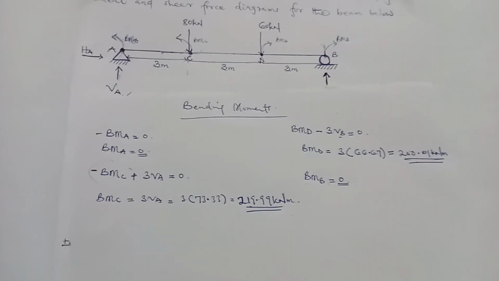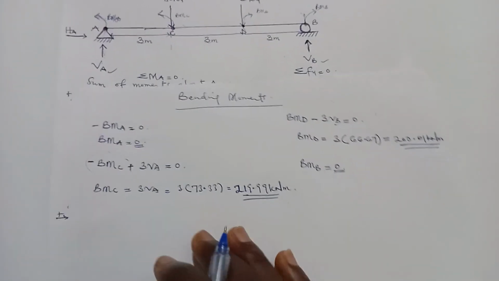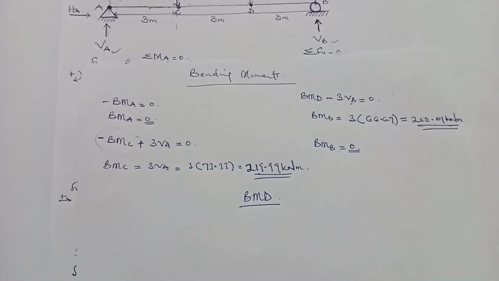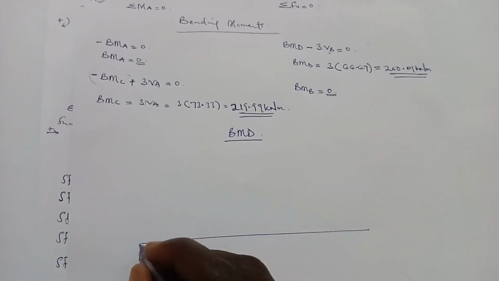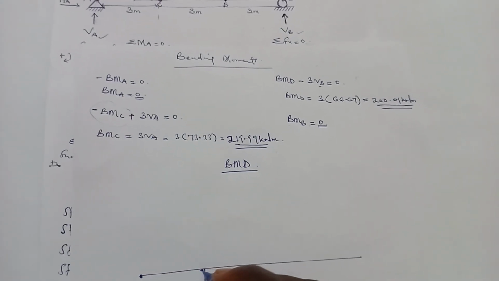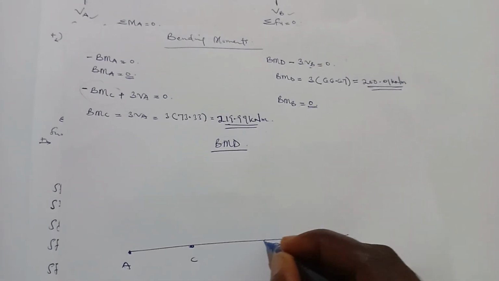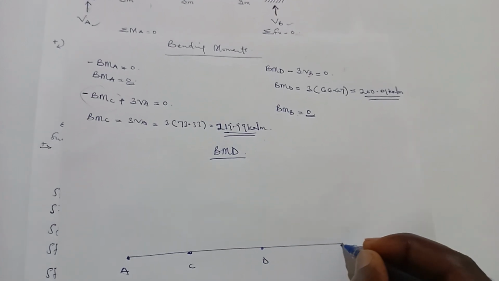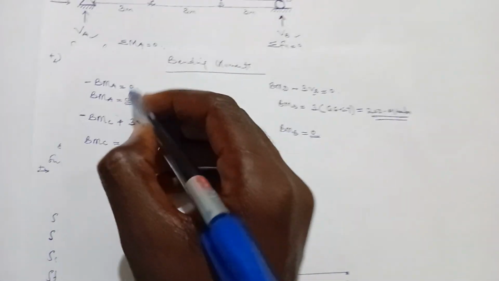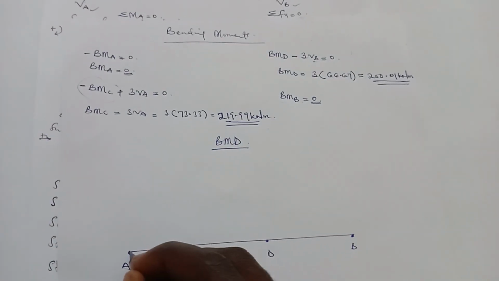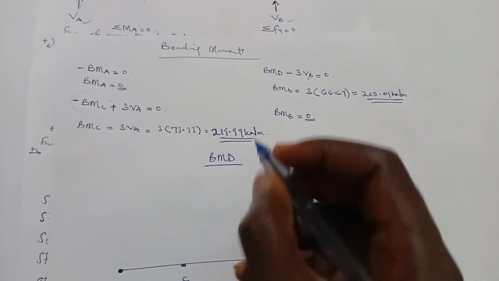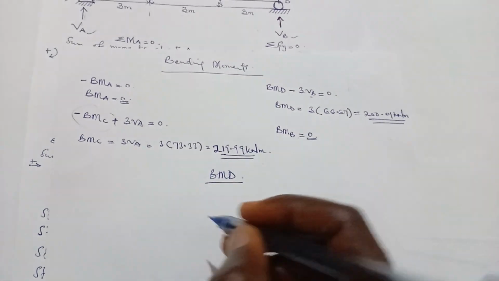So now let's draw the bending moment diagram. So the bending moment diagram. So point A, so point C, point D, and point B. So point A, bending moment at A was 0. Okay, so 0 here. The bending moment at C gave us 219.99.